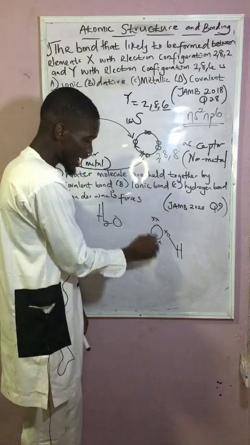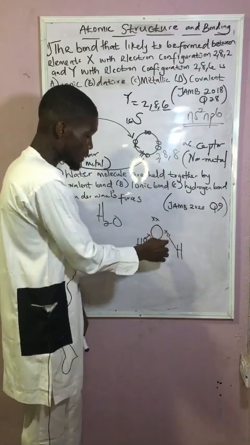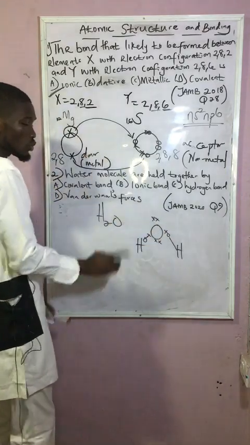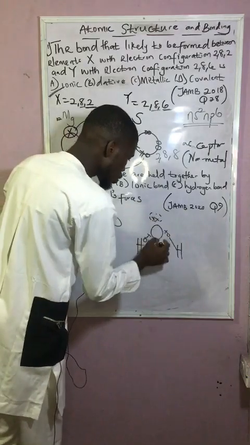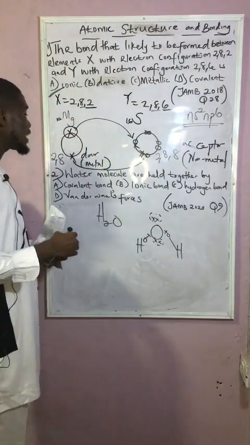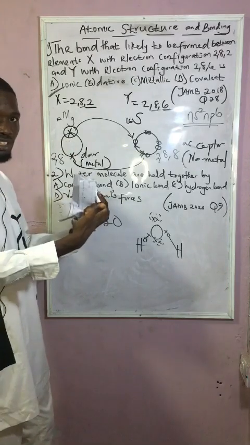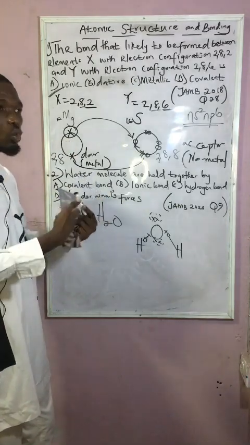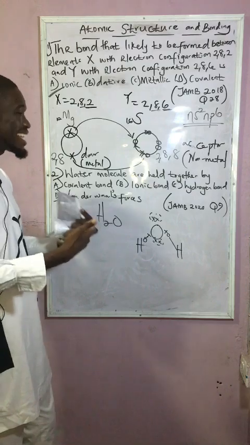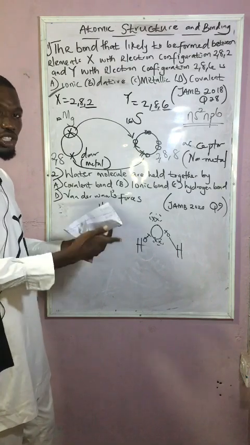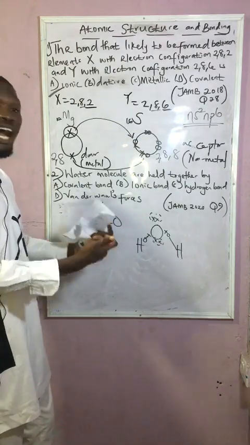Again, lone pair, and what? Bond pair. When you look at this kind of question now, this place is called the lone pair. And what they ask you is that water molecules are held together. They did not ask you what kind of bond exists. The question goes to us, water molecules are held together by what?